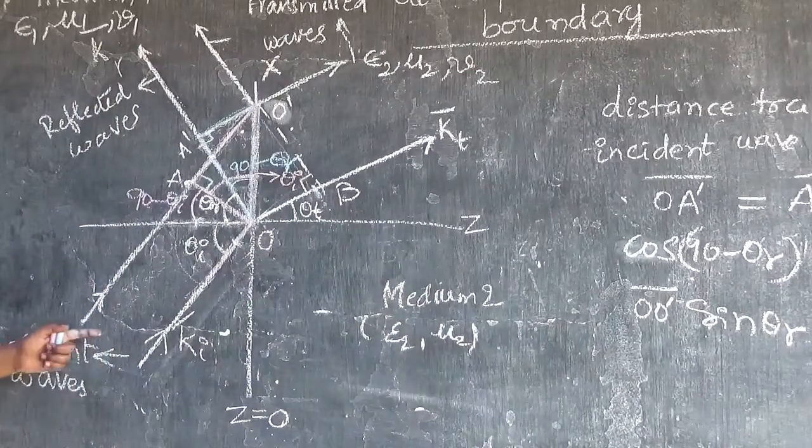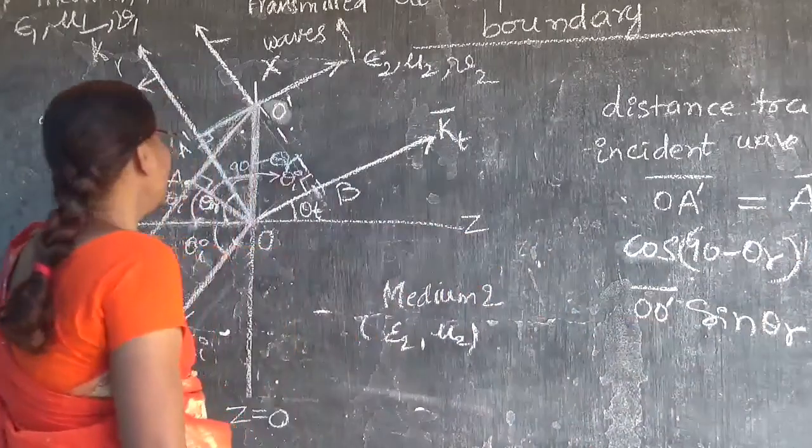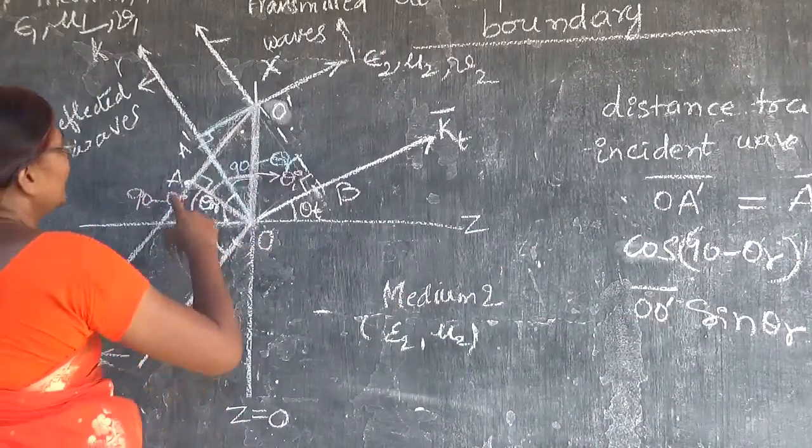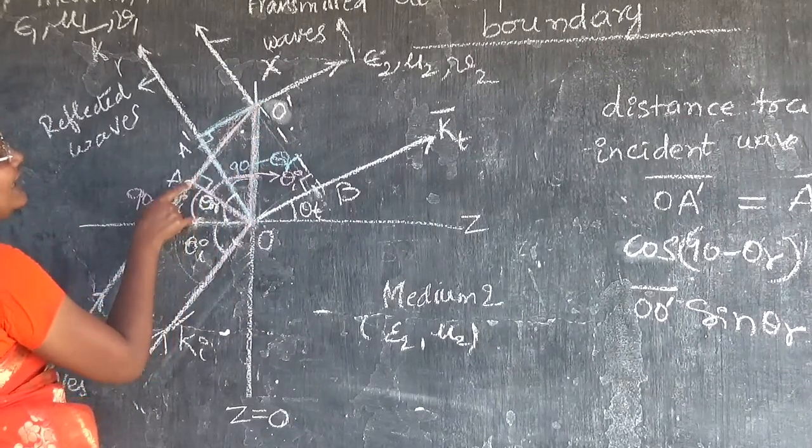Next, what do I want? AO dash. This is the distance. Which angle do I have?